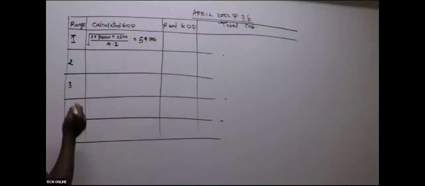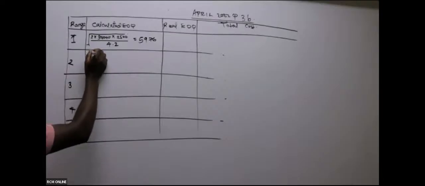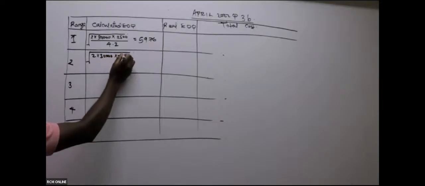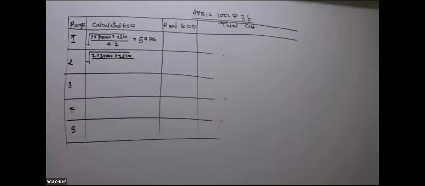Good. Let's go to the second one. Root of 2 times 30,000 times 2,500. You all know what is changing, times 20% of the purchase price. 20% of 19 will be how much? 3.8.